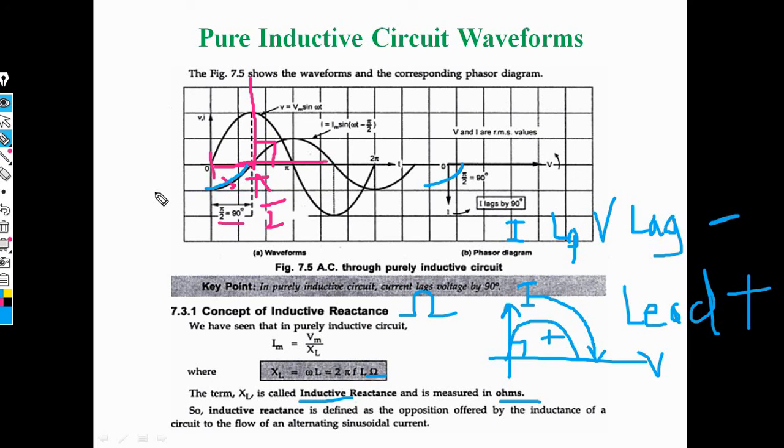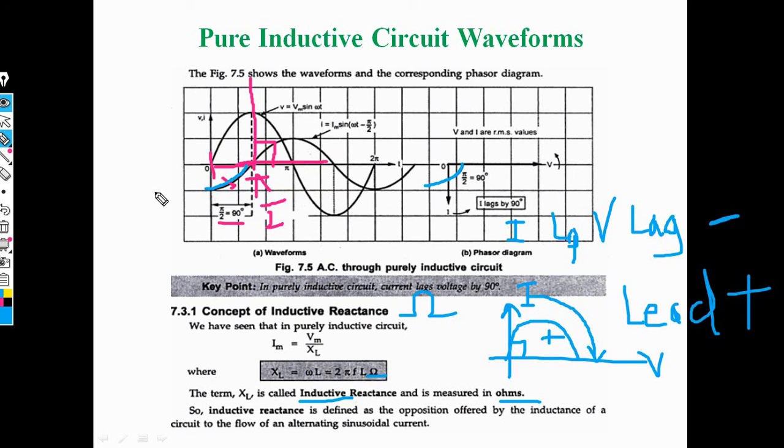Now this is the concept of pure inductive circuit. Also the formula for inductive reactance is Im is equal to Vm upon XL. This XL is called the inductive reactance, and this reactance is measured in ohm.